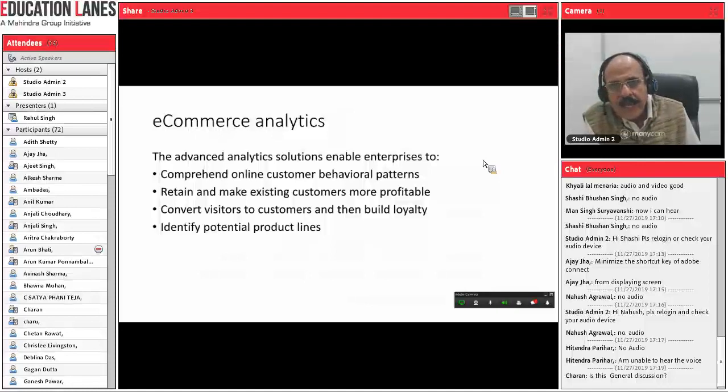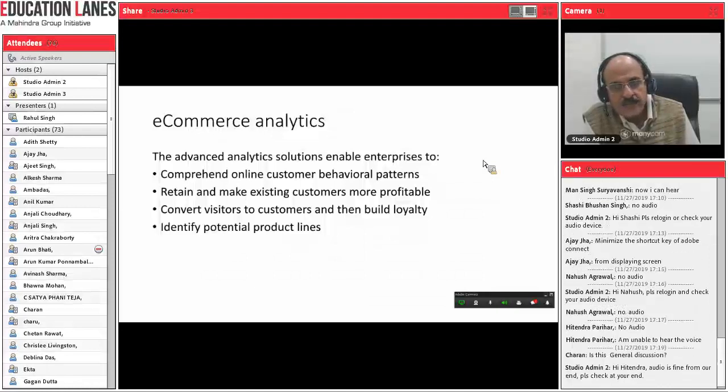Consider now another example, an e-commerce portal.